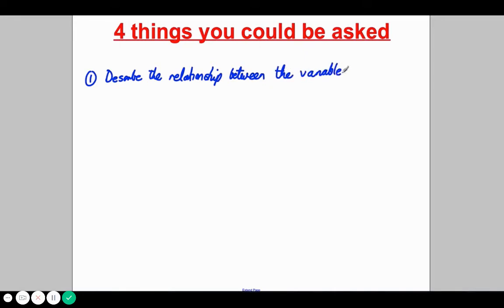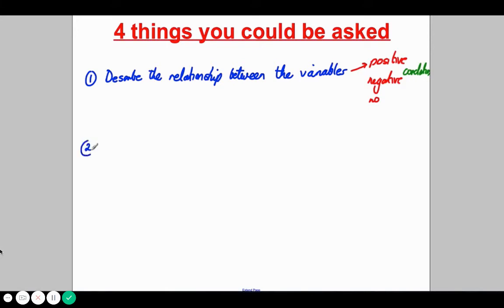And that is where you would say the words positive correlation, negative correlation, or no correlation. For example, there's a positive correlation between the amount of time you spend revising and your math score.